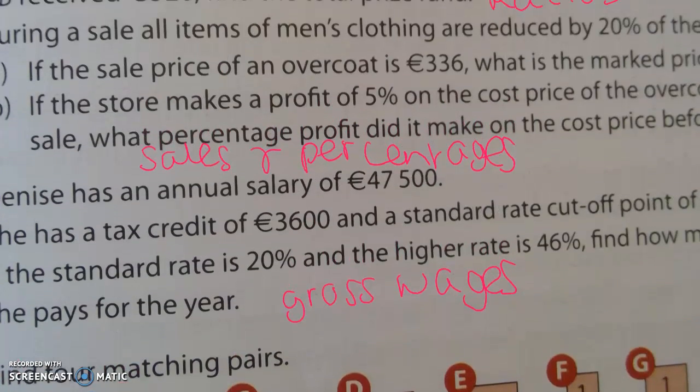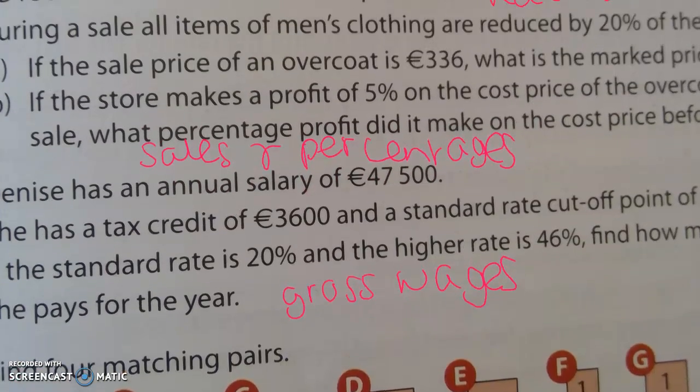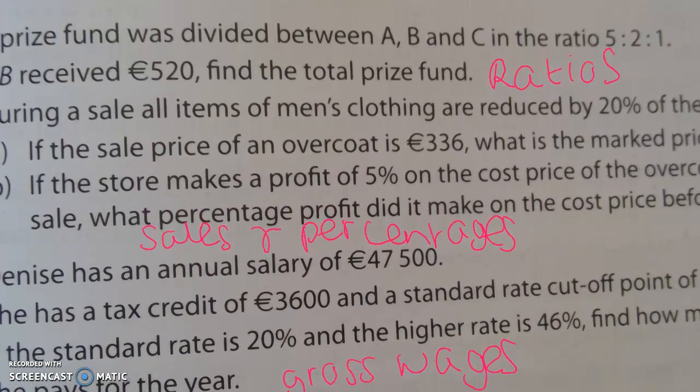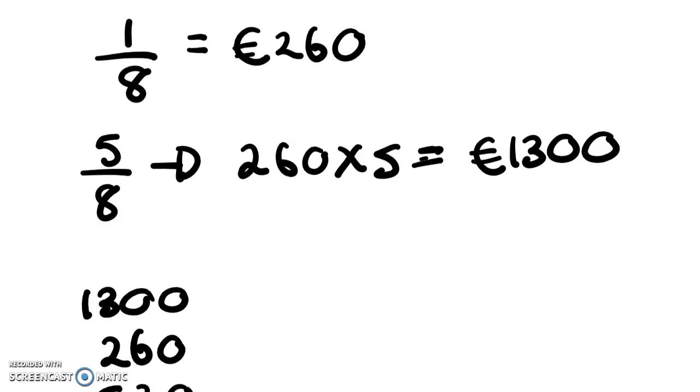Okay, lads, the next thing we're going to look at is double I. So you want to have a read there first. Okay, so the marked price, lads, is the price that is put on the coat, the overcoat, when it came into the shop.